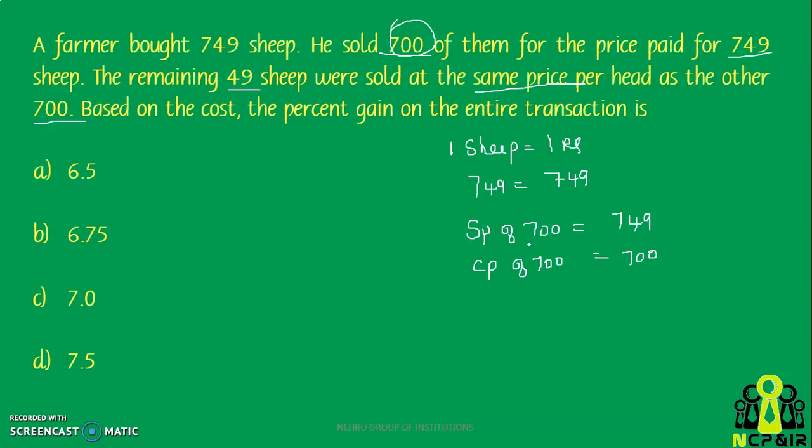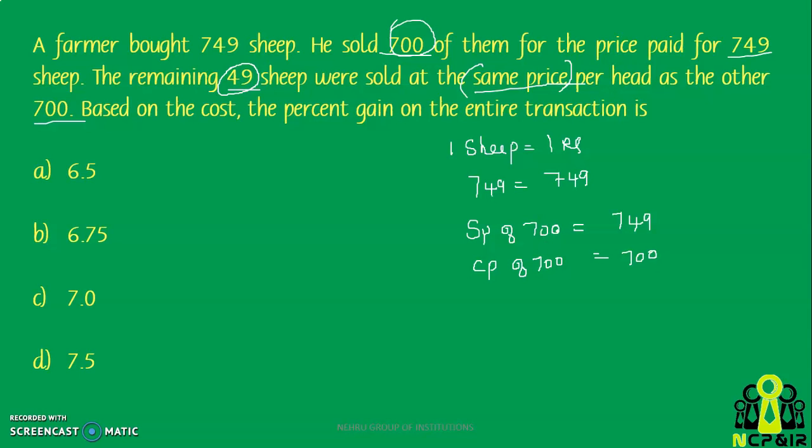Okay, now there are remaining 49 sheep. Now these 49 sheep were sold at the same price. This is very important. So the meaning here is, all the 749 sheep were sold for the same price. So it is enough if I find the profit in one sheep, that will give me the profit percentage for the entire transaction.